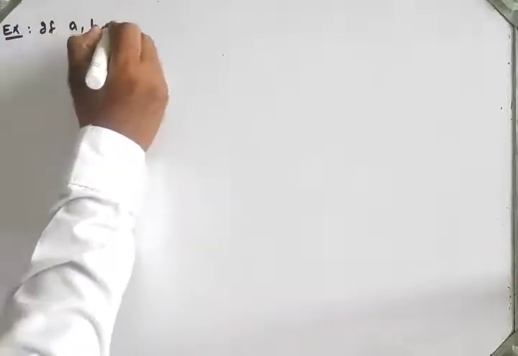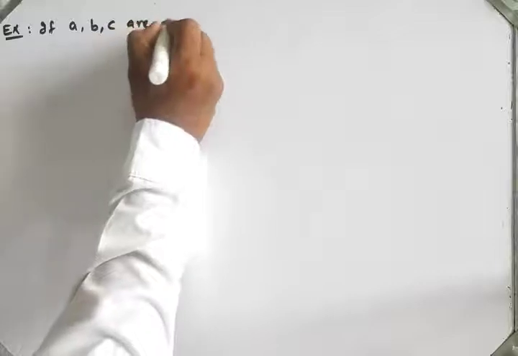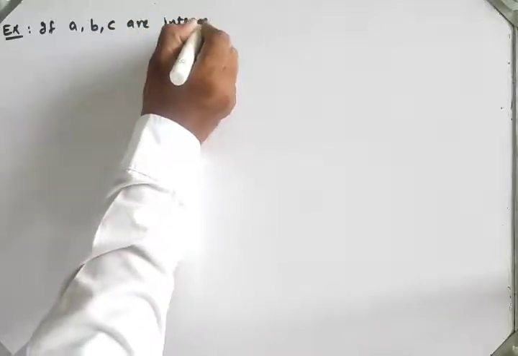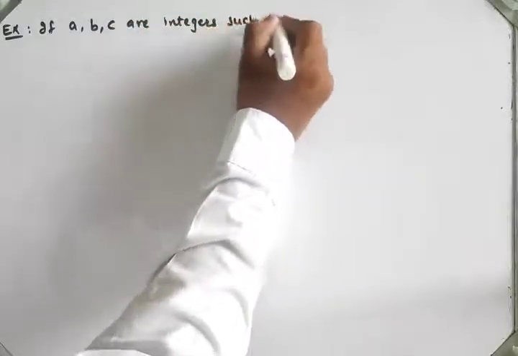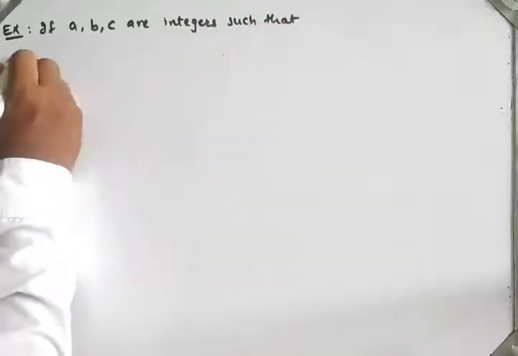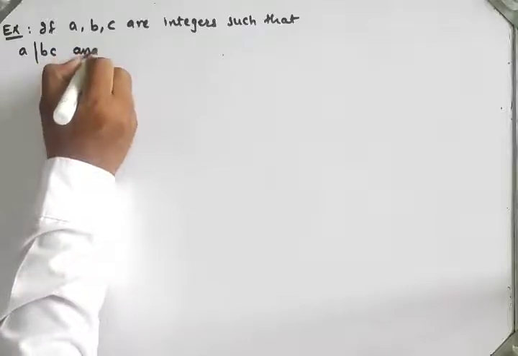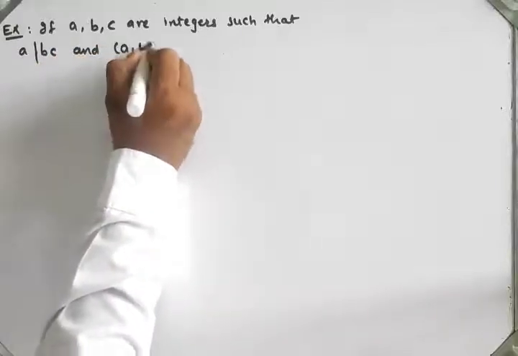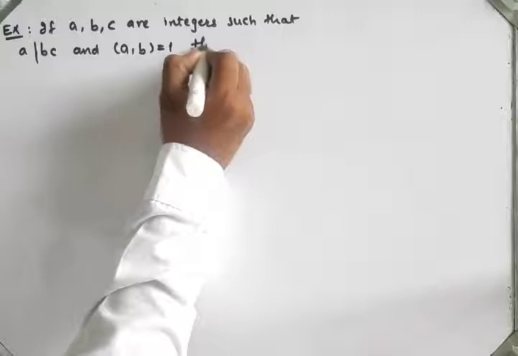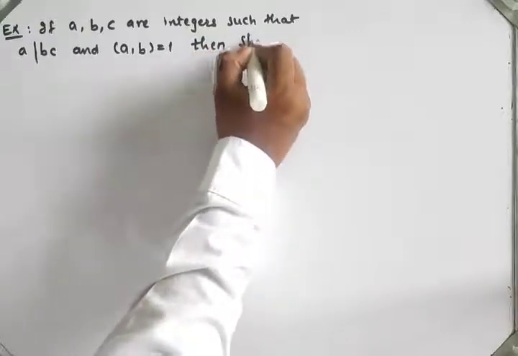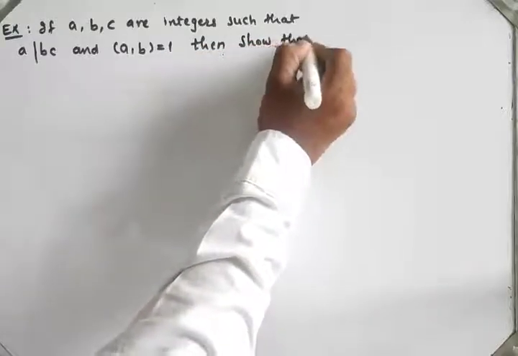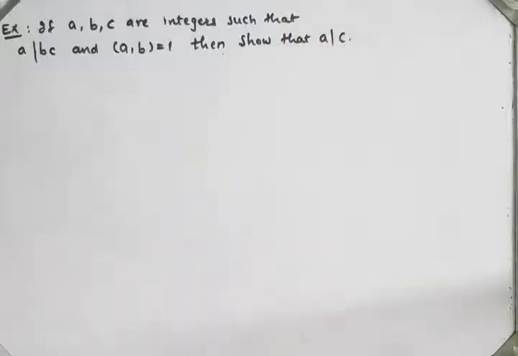Now let's see another example. If a, b, c are integers such that a divides bc, and GCD of a and b is equal to 1, then show that a divides c.